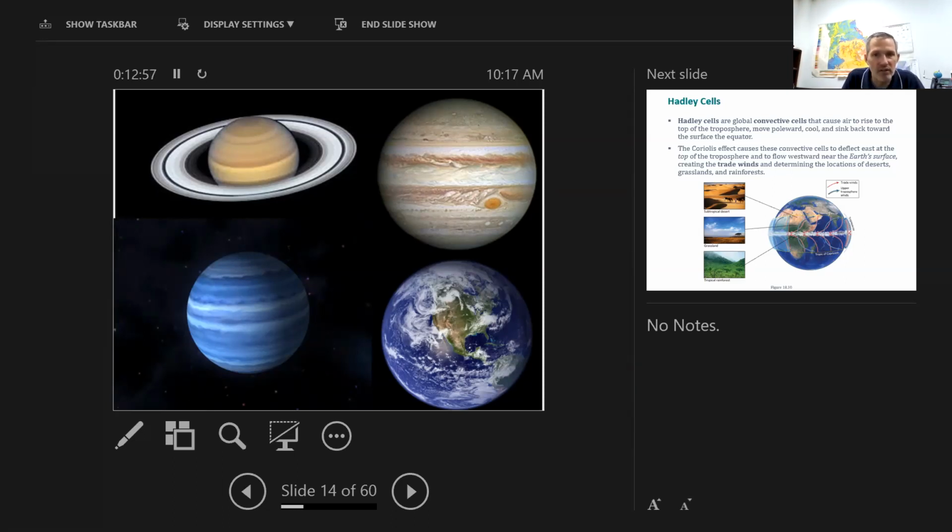The result is uneven heating of the Earth, which is causing very unusual behaviors around these land-water interfaces. If we look at the Pacific Ocean here, we can see that those bands of clouds are very similar to the bands of clouds on these other planets.